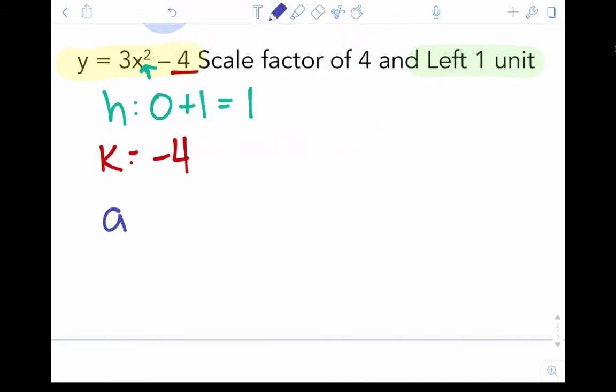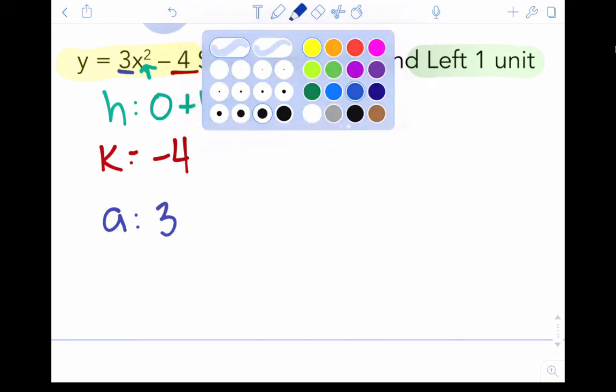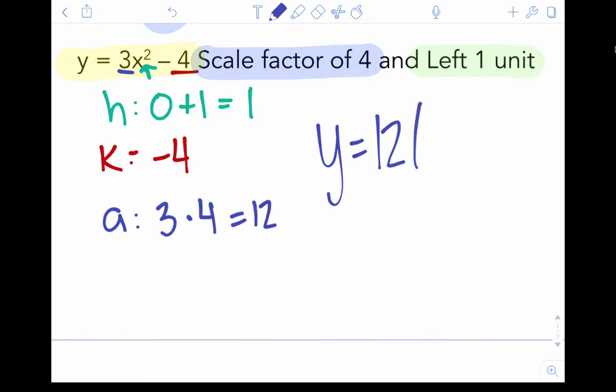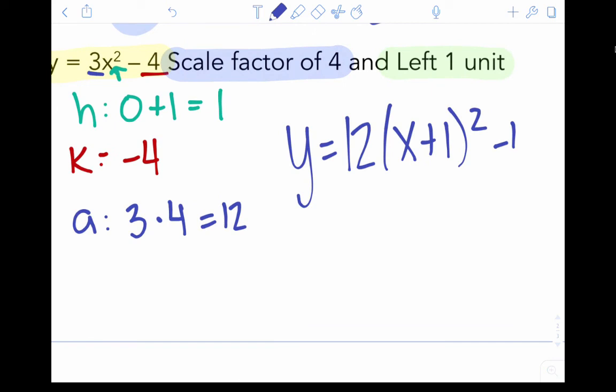And then my a is 3, and it says scale factor of 4. So it's dilated by a scale factor of 4, which means I need to multiply this by 4 to get 12. So my equation now is y equals 12 times the quantity x plus 1 squared minus 4.